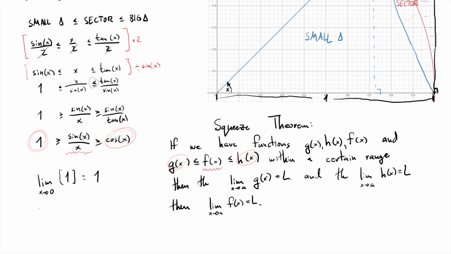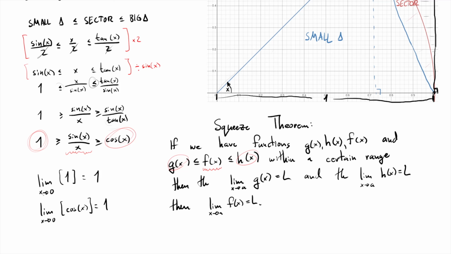And we ask ourselves, what is the limit as x goes to 0 of cosine x? Well, if you remember your cosine graph and what it looks like, that's also equal to 1. Cosine at 0 is 1.